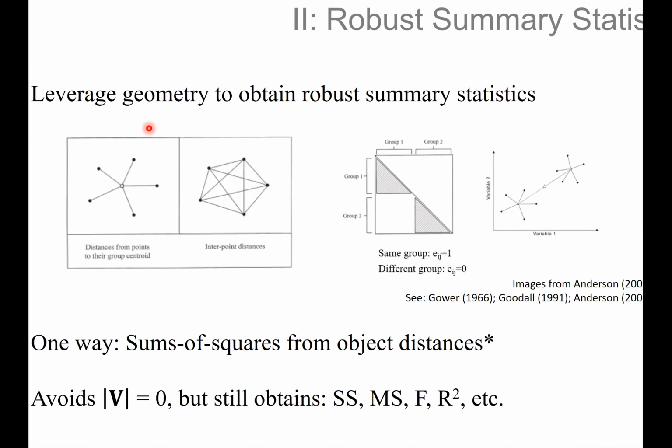If we do that, we can get the sums of squares of the model, the sums of squares error, calculate mean squares, get an F statistic. We can get summary statistics without dividing by 0. And so we avoid that determinant of 0 by using this alternative pathway. So this is akin to a Q mode versus R mode approach to statistical analytics. Now, we're not the first to have done this.